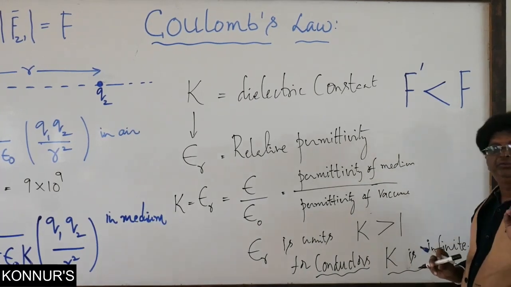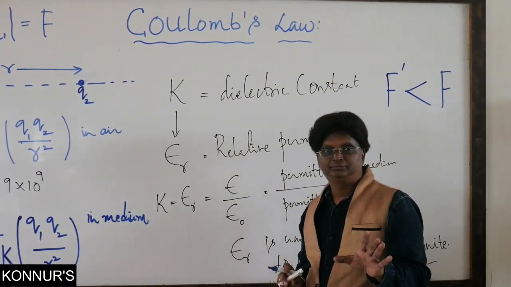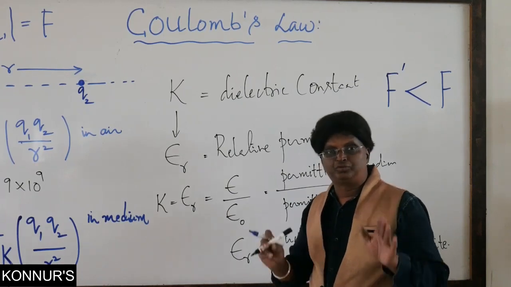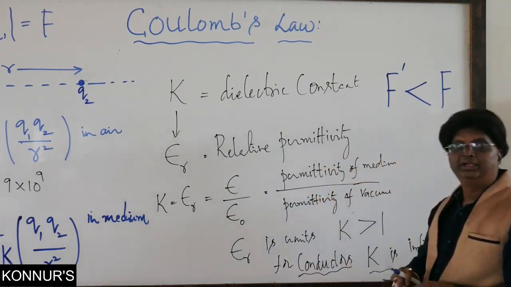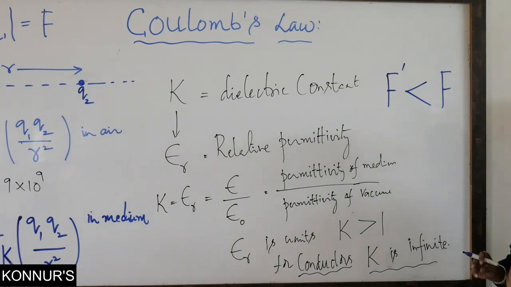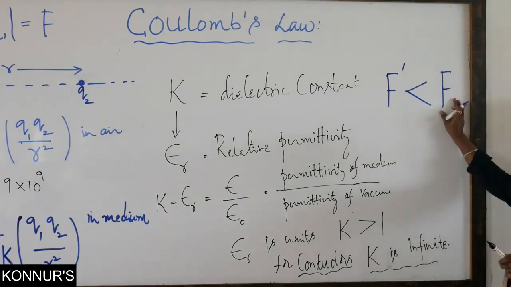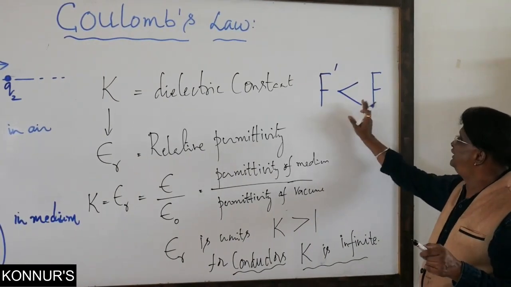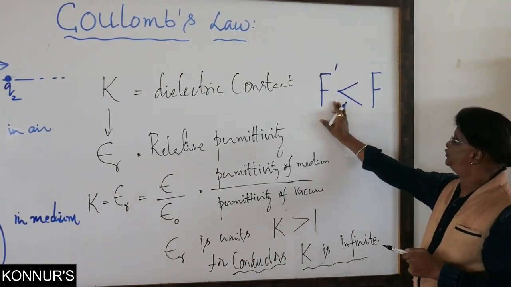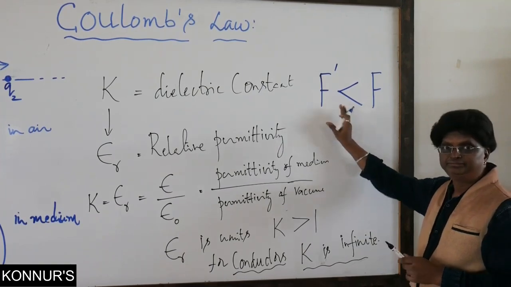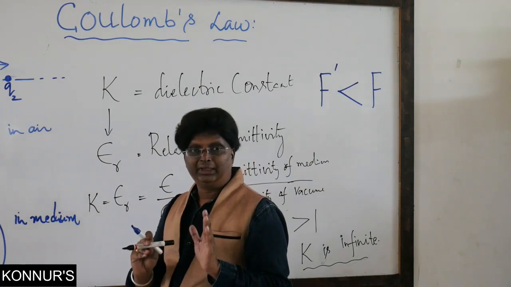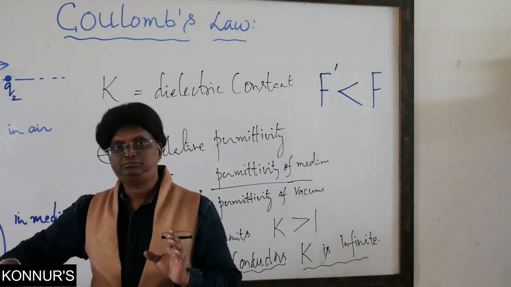So the force between two charges depends upon the medium between them, such that it is always maximum in air or vacuum, and it is always lesser when we introduce a medium between the two charges. Now this is about the Coulombic force in its scalar form.